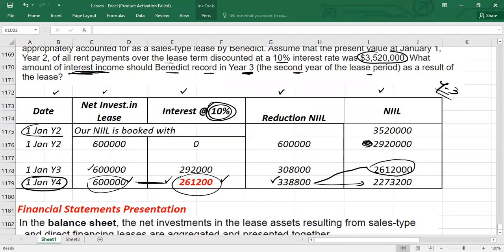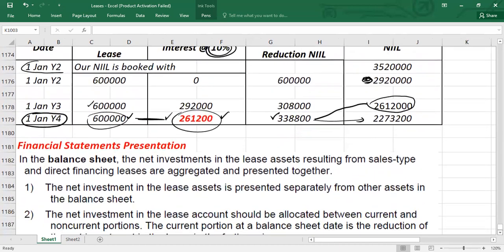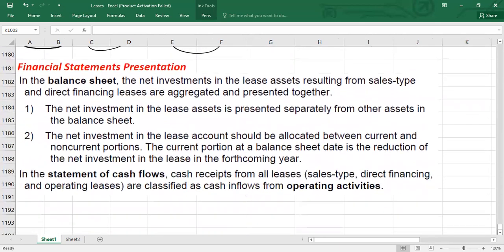Now guys, I'm just going to tell you how to deal with the financial statement presentation. I have already told you about this point. When you have net investment in the lease, that should be separated into the current portion and the non-current portion. Second, in the balance sheet, the net investment in the lease asset resulting from sales-type lease and direct finance lease, which we will cover in the next video, are aggregated and presented together.